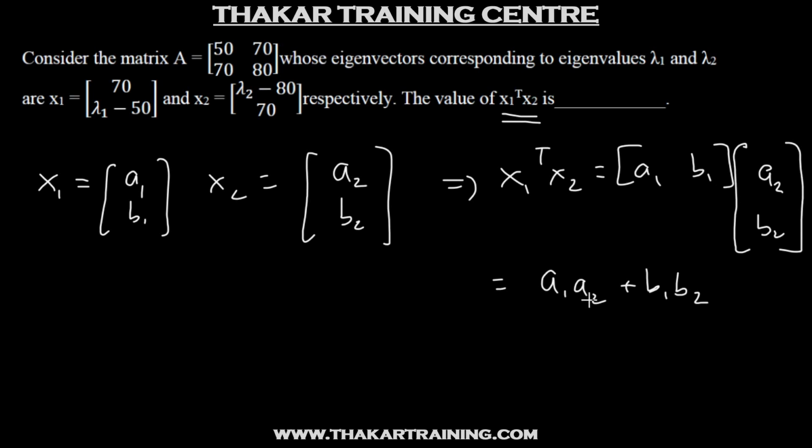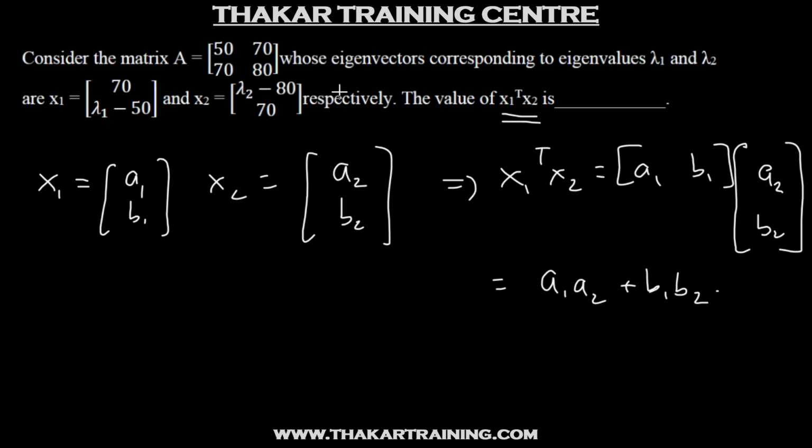Similarly, if it had been a 3 by 3 matrix, then the vector would have its dimension as 3. So it would be a1 a2 plus b1 b2 plus c1 c2. Similarly, for n dimensions, it will just carry on, right? So basically, this calculation x1 transpose x2 means that we have to find out the dot product.